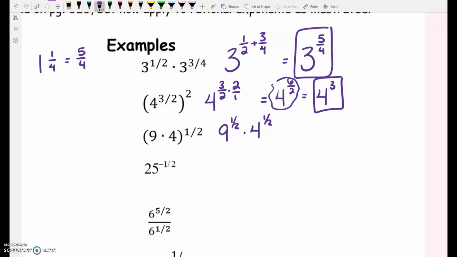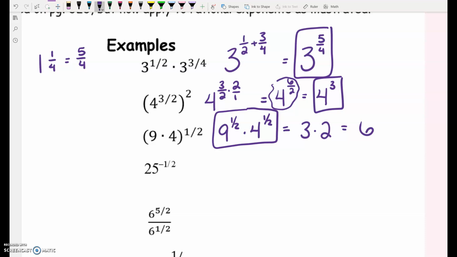So it will help you to see what they're going for by what answer choices they give you. So technically, we could take this further and say that this is 3 times 2, so this is 6. Or you could start at the beginning, 9 times 4 is 36, and 36 to the 1/2 is 6, but whatever. This is really the point that we're trying to make.